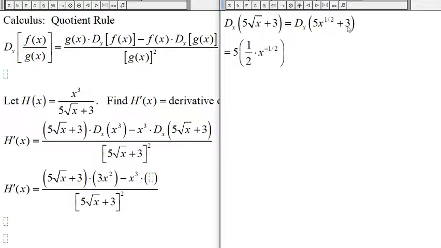And then the derivative of the constant 3 is just 0. And so here we get 5/2, and then we get x to the negative 1/2.